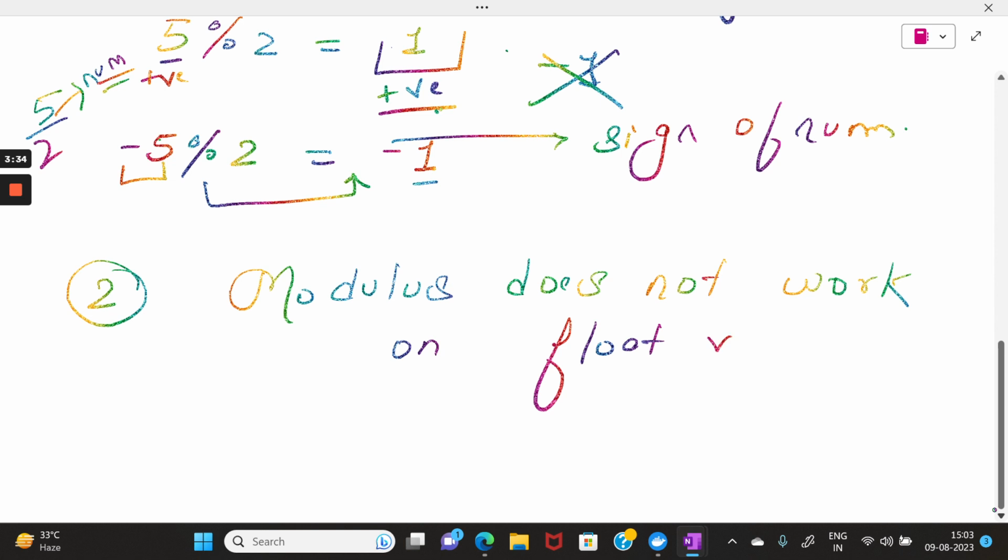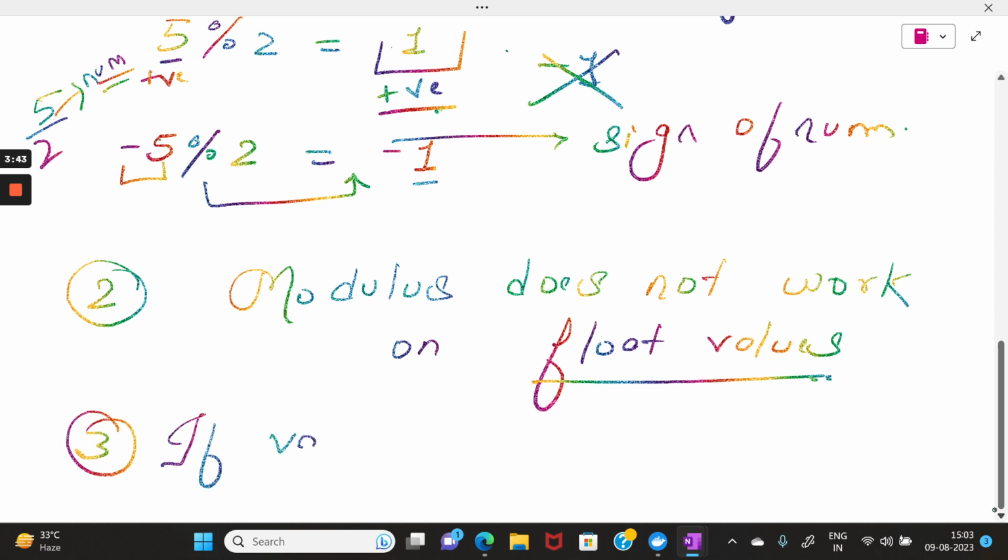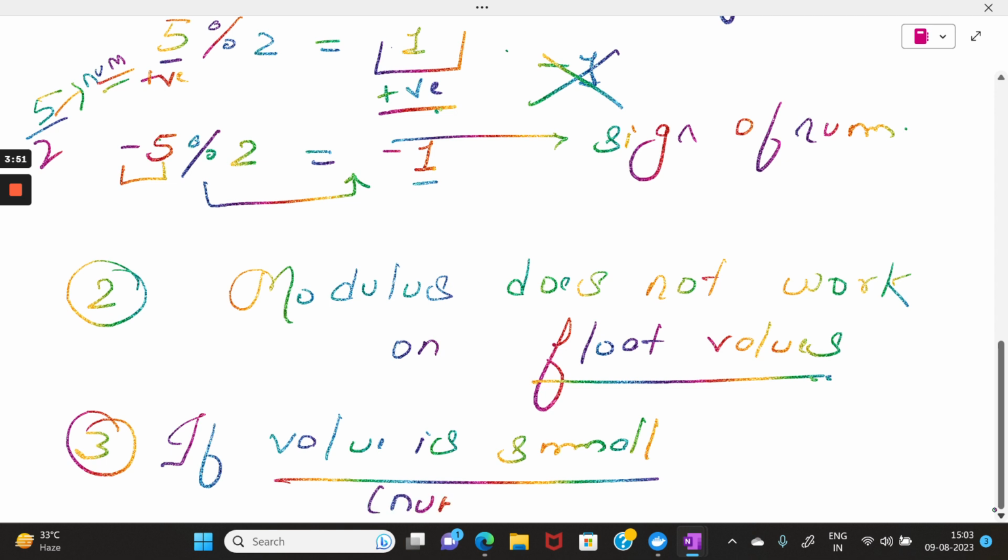And the third point is if the value is small, that is, the numerator is smaller than the denominator. I have written a long sentence, but it is a simple matter of sign.